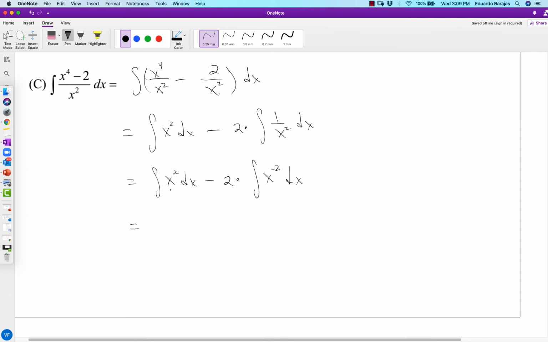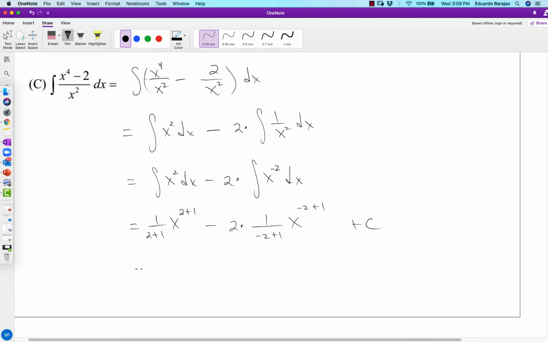Now we're ready to find the antiderivative. This is going to be equal to x to the power of 2 plus 1, which is 3, and there's going to be a 1 over 2 plus 1 out in front, minus 2 times, and then this is going to be x to the power of negative 2 plus 1. So there will be a 1 over negative 2 plus 1 out in front, plus some constant.